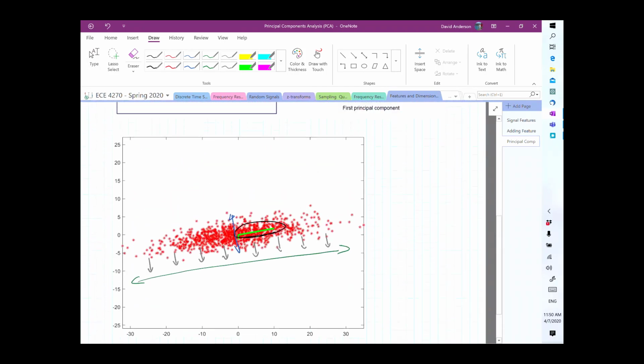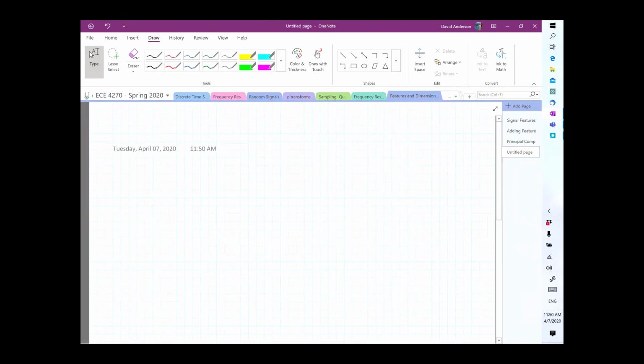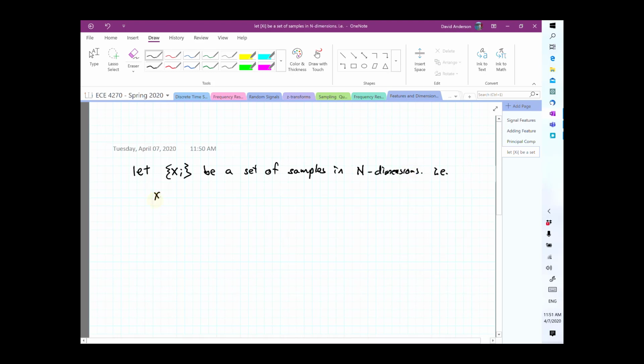Okay, so enter principal components analysis. Start by coming up with a bunch of samples. We'll have it in n dimensions. In other words, xi is an n by 1 vector.